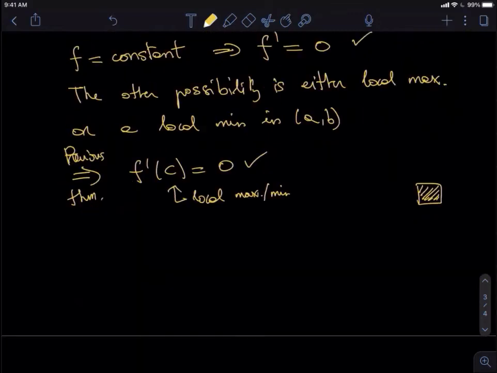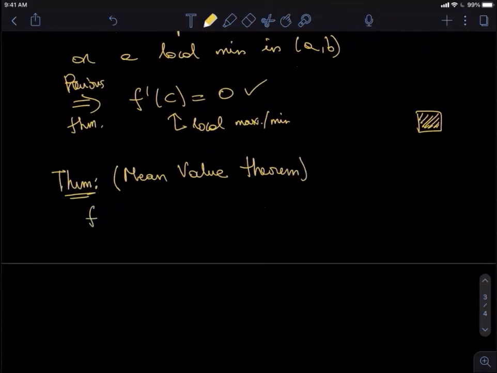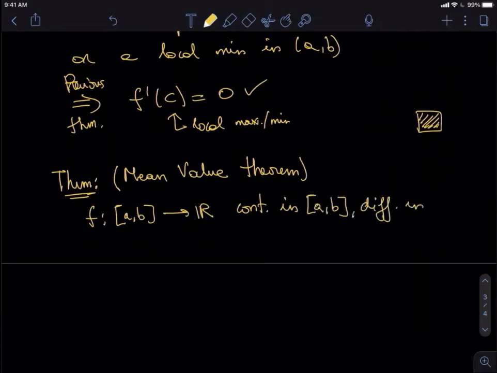And then there are some generalizations of Rolle's theorem. The first one is the mean value theorem. Here what we are saying is that we have a function that is continuous in the closed interval [a, b] and differentiable in the open interval.